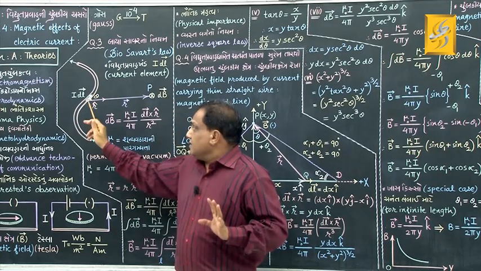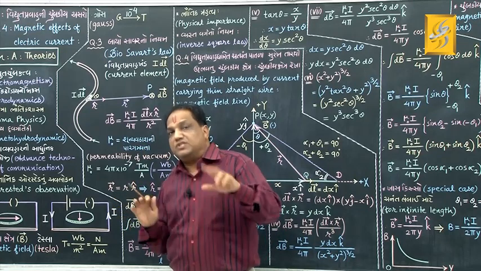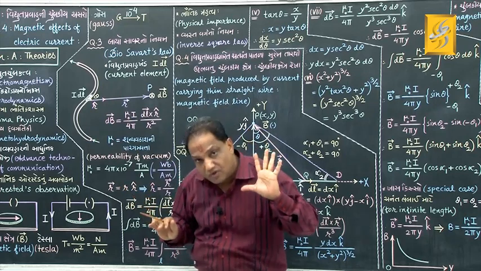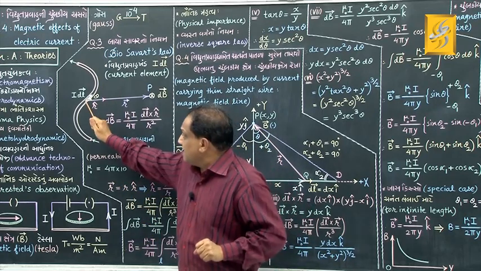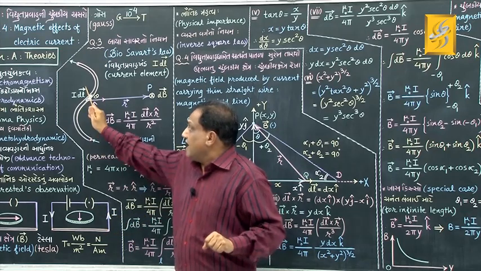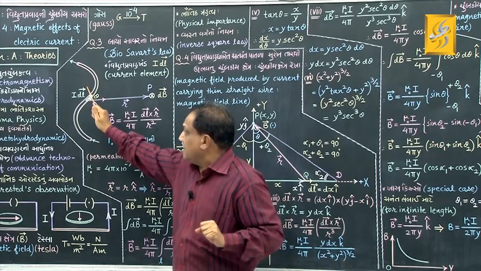You must assume this length element very short, very small, but just to have clarity in the figure, I have shown it with rather big dimension. Got it? Now when the same length element is taken as a vector in the direction of current, we call it the length element vector, shown by the symbol vector dl.